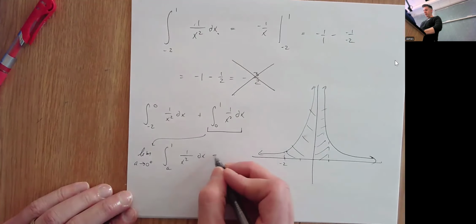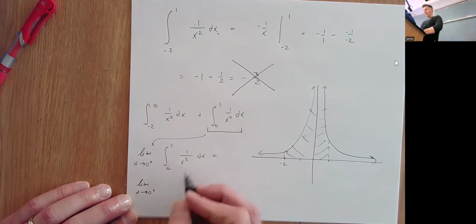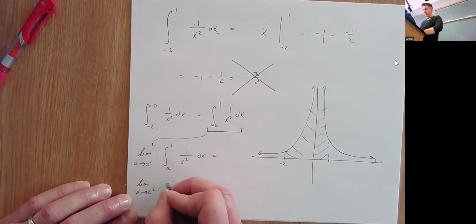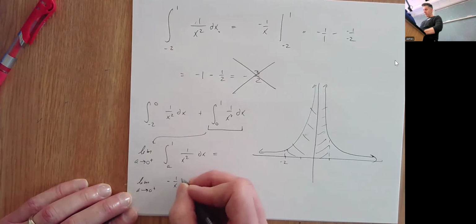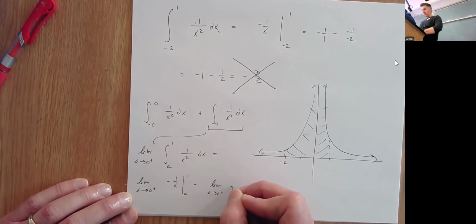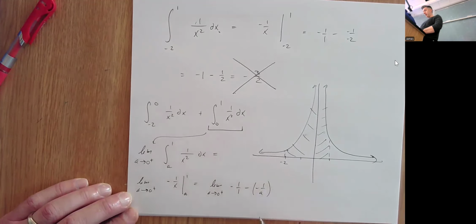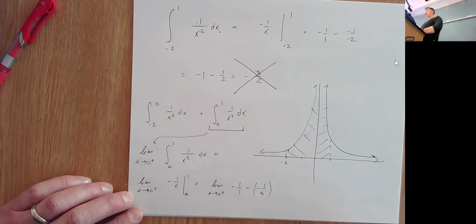The integral of 1 over x squared, again, is negative 1 over x, evaluated from a to 1. So we get the limit as a approaches 0 from the right of negative 1 over 1 minus negative 1 over a. And as a goes to 0, 1 over a is going to blow up to infinity.